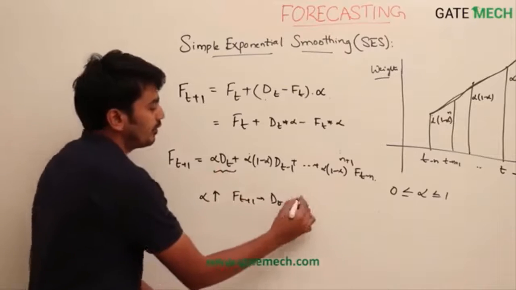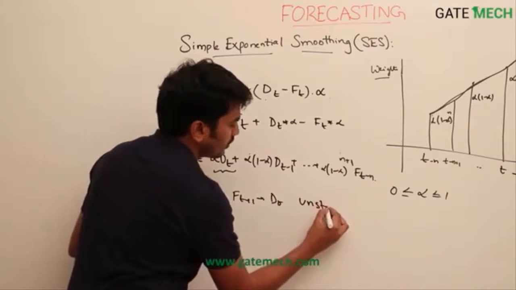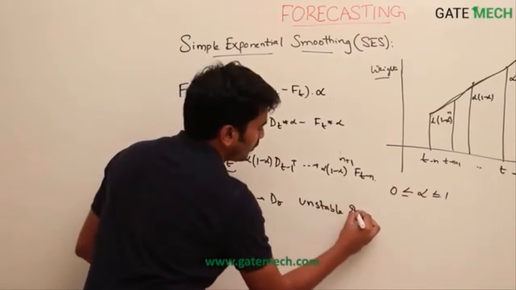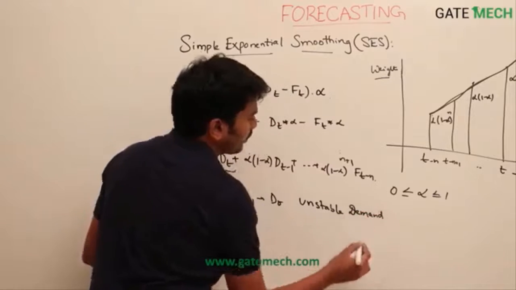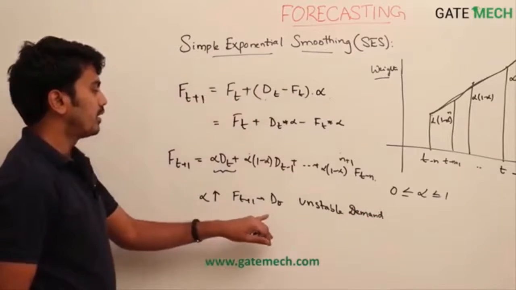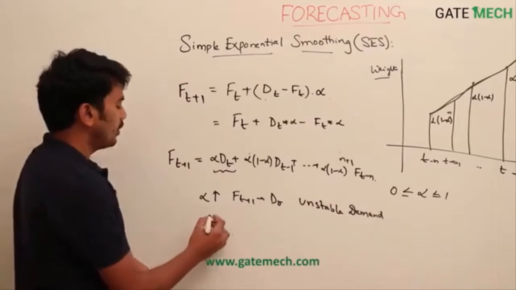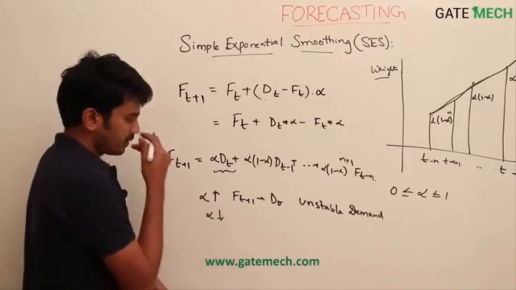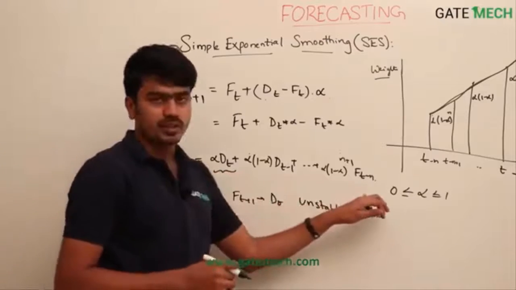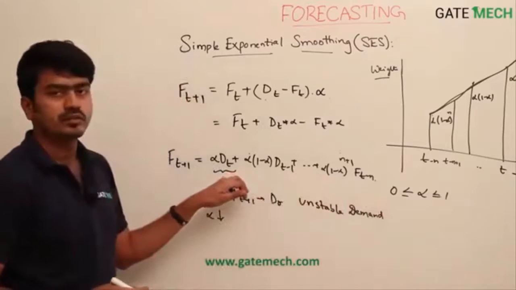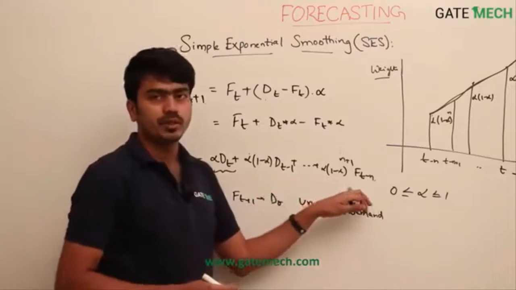So this is suitable for unstable demand. For unstable demand, we need to be close to the recent demand points, whereas for stable demand, alpha should be low, so that we consider all the observations, not just one.